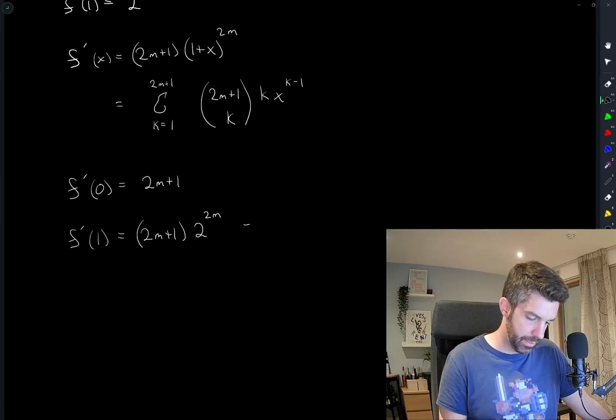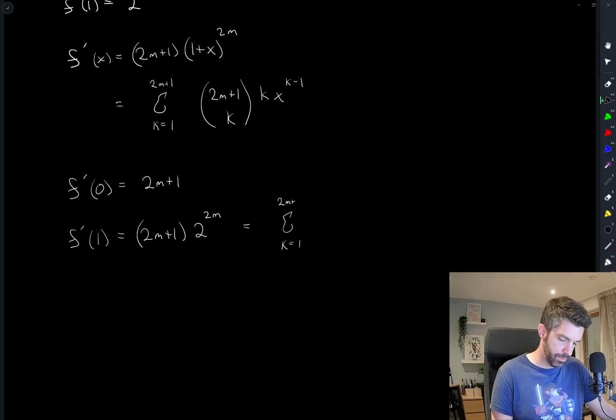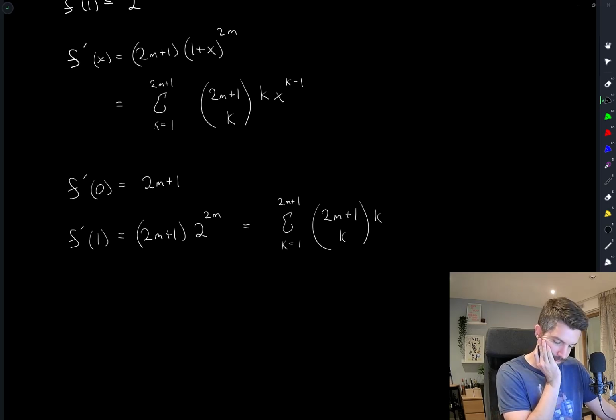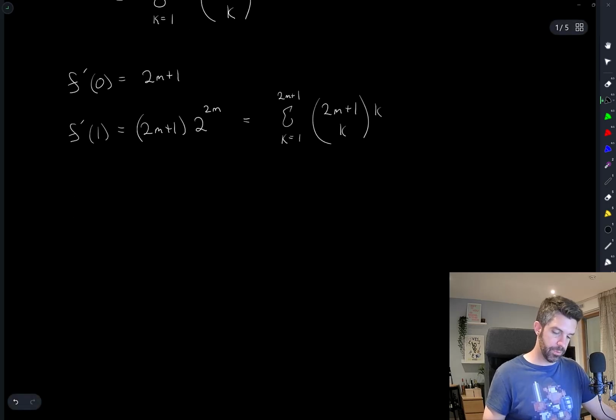But it's also equal to the sum as k goes from 1 to 2m+1 of (2m+1 choose k) times k. Does that have a nice formula of some sort?